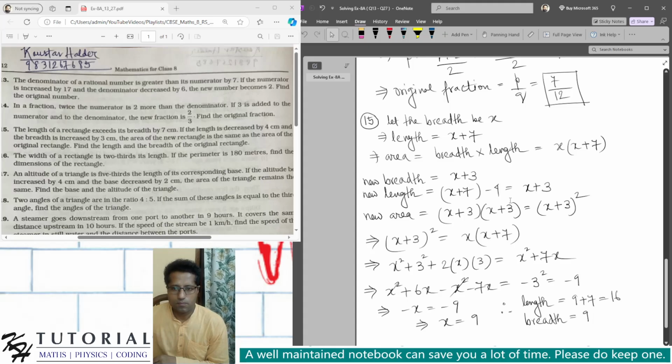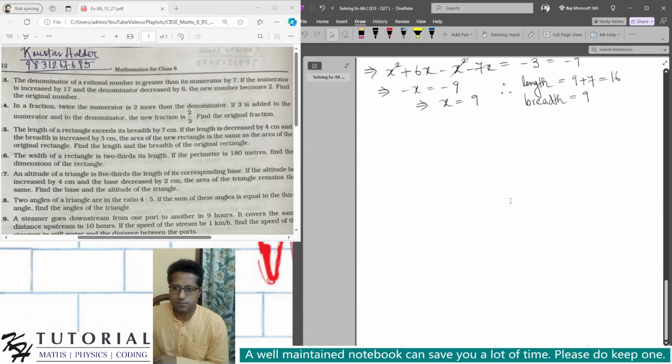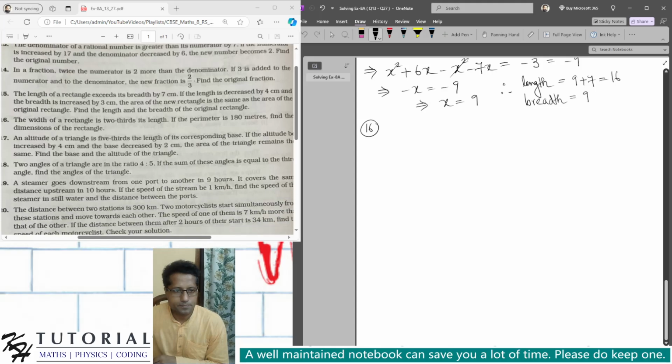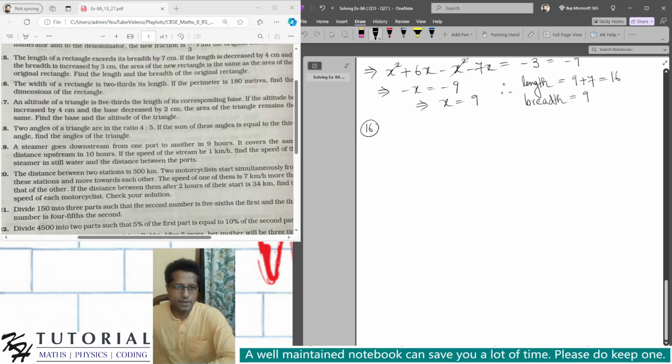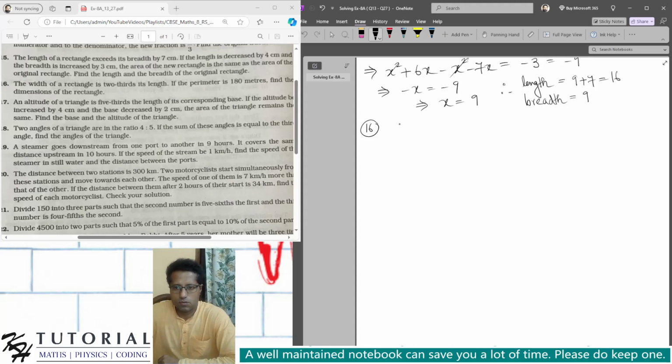Okay, let's do problem number 16. The width of a rectangle is 2/3 its length. Okay, so let length be x.